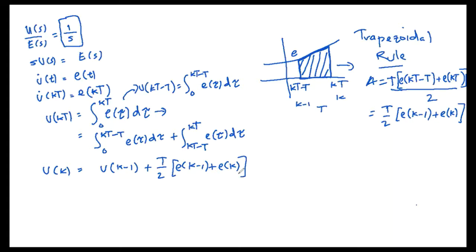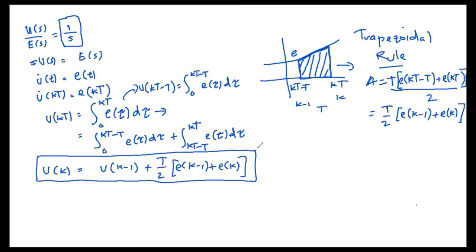Now if I try to find the z transform of this whole equation, I will get U of z is equal to z inverse U of z plus, in this case, T over 2 multiplied to e of k minus 1, and then T, same thing, is multiplied to e of k.